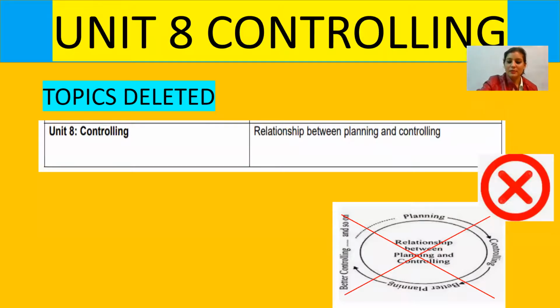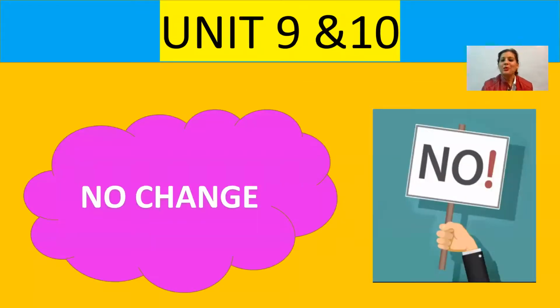In chapter 8, the importance of controlling is very important. First part we have discussed. Now move on to the second part, part 2, business studies. First part weightage we'll discuss later. Chapter 9, 10, no change, not to worry.